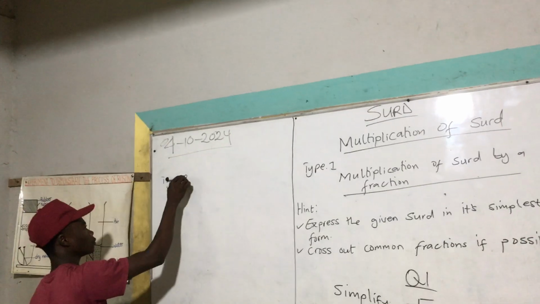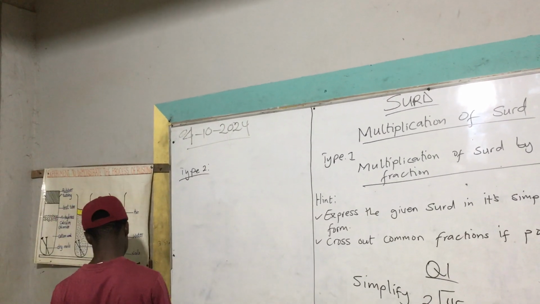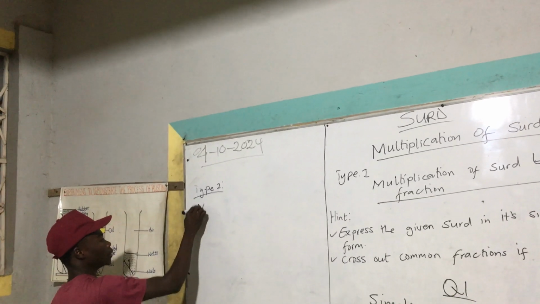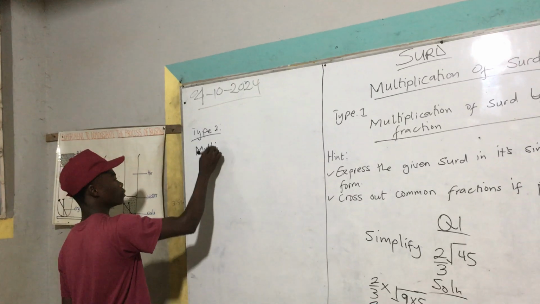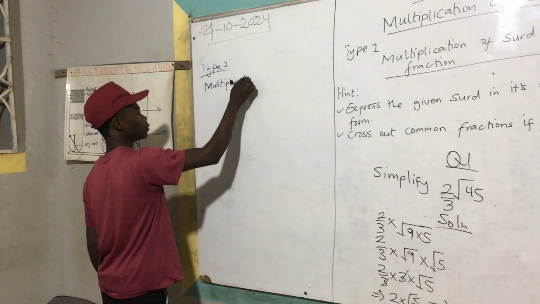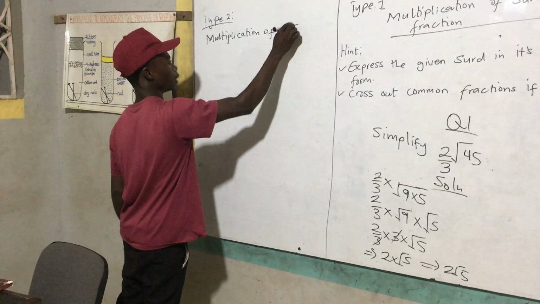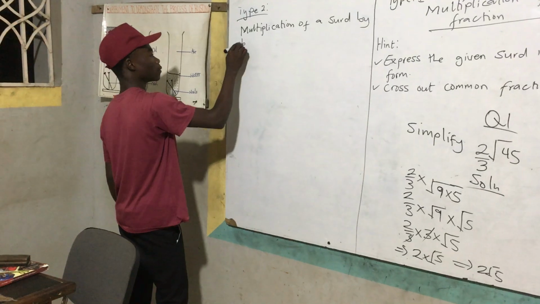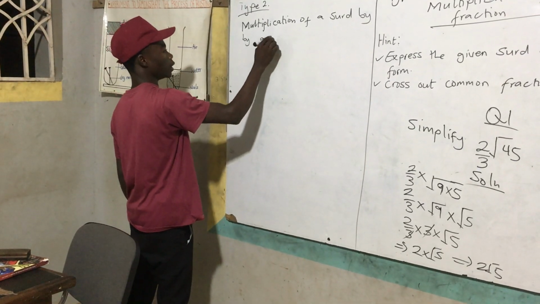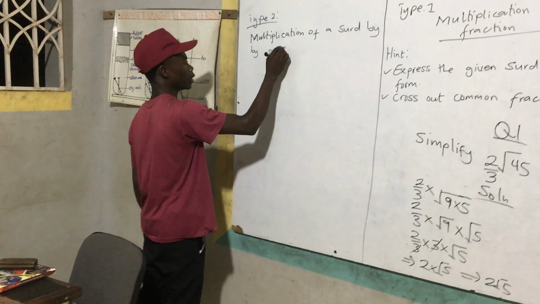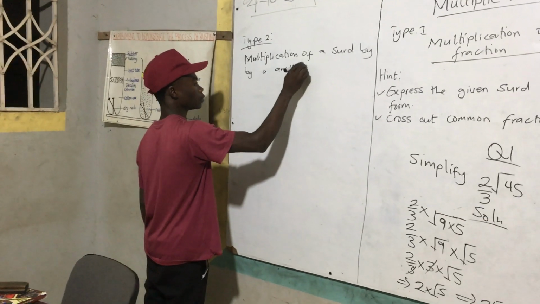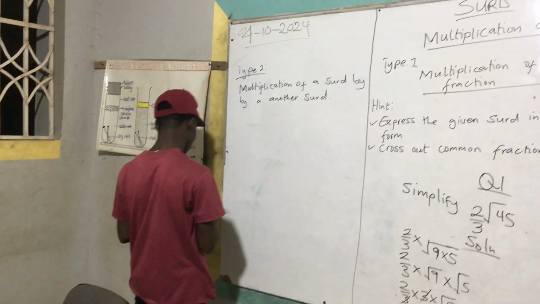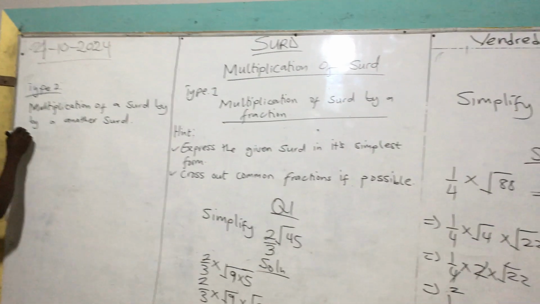Type 2. Then we have multiplication of a surd by another surd.